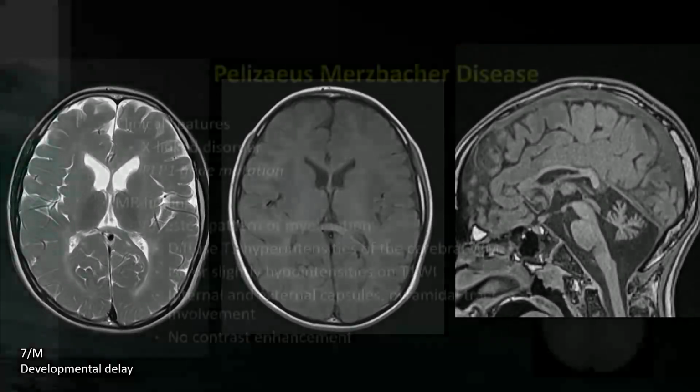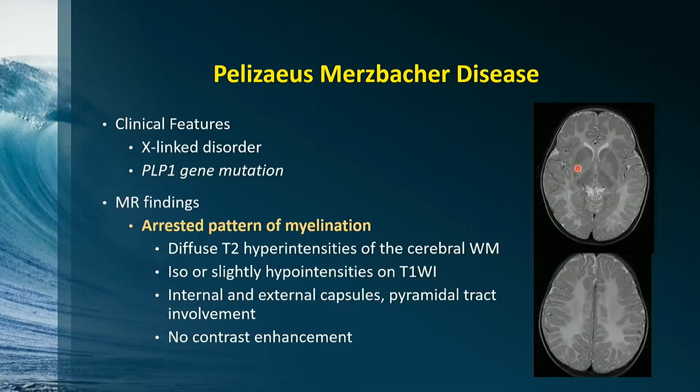Arrested myelination shows diffuse T2 hyperintensity and iso or slightly hypointense signal on T1 weighted images. So when we look at T1 weighted images, it looks like a normal brain, but on T2 weighted images, the arrested myelin shows that kind of T2 hyperintensity.